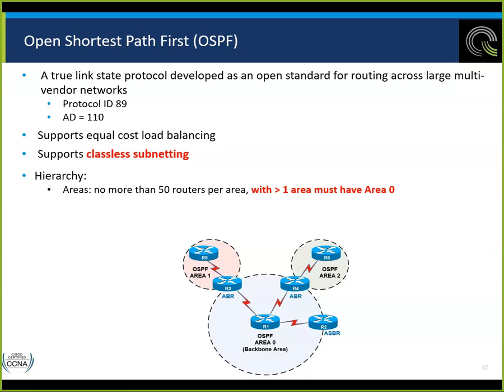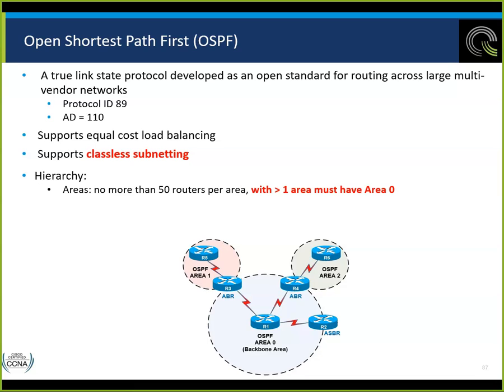So the areas communicate to area border routers, which then send the routing information to other devices in their area about what's going on. Those are going to be represented in the show IP route as IA, inter-area routes, which means they came from someplace else. So we have these within an area.